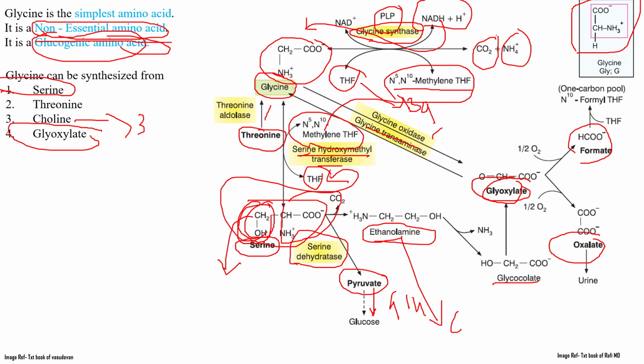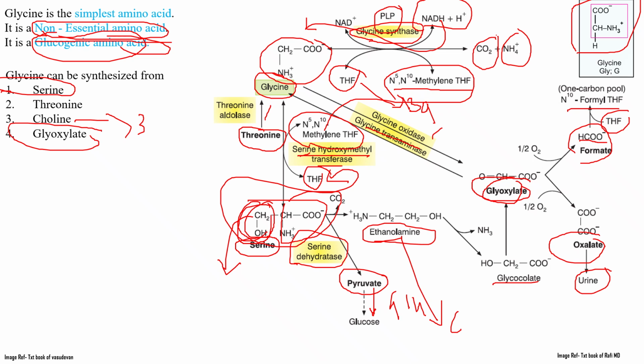This formate is also one carbon. It is taken up by tetrahydrofolic acid and forms N10 formyl tetrahydrofolic acid, and oxalate is excreted in the urine. So this is all about the synthesis of glycine.